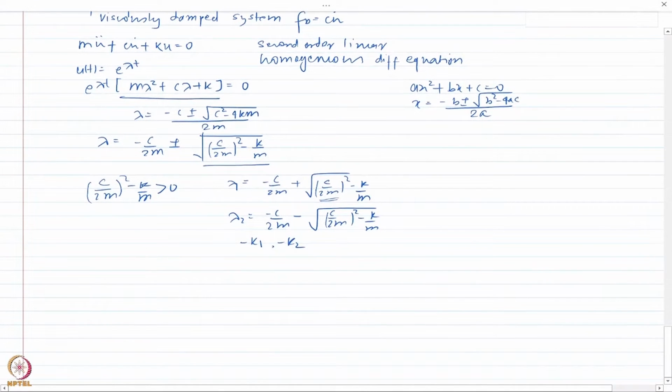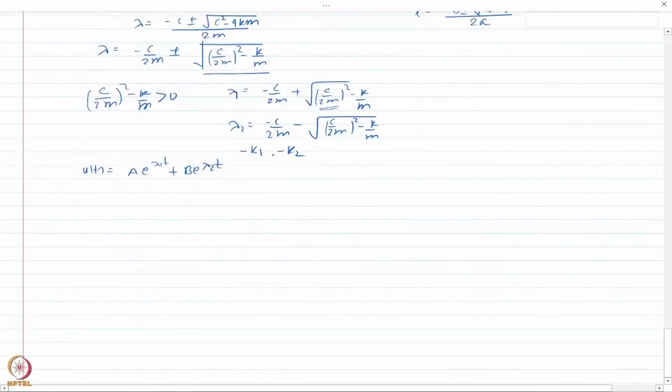So the solution, as I said, for this type of equation is written as a linear combination of both roots. So I can write it as a e to the power lambda 1 t plus b e to the power lambda 2 t. And for this particular case, I can write it as a e to the power minus k1 t plus b e to the power minus k2 t.